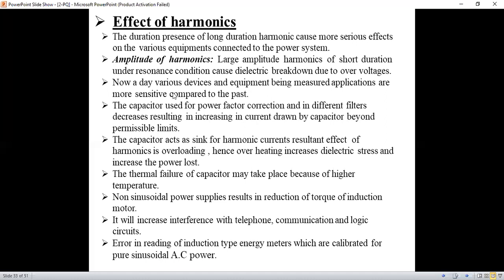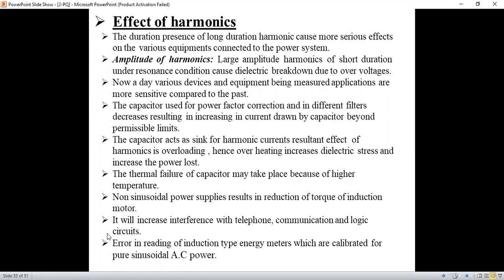Under resonance condition, large amplitude, that is a high value of harmonics, for a short duration only, within a fraction of a second, 1 or 2 seconds. But the value is very high and the duration is small, and that will cause dielectric breakdown, because a very high value creates over voltages.